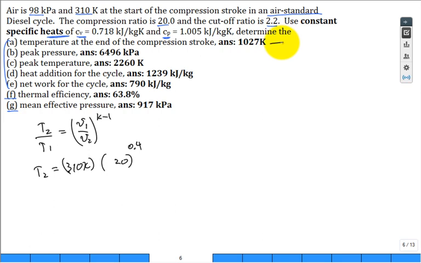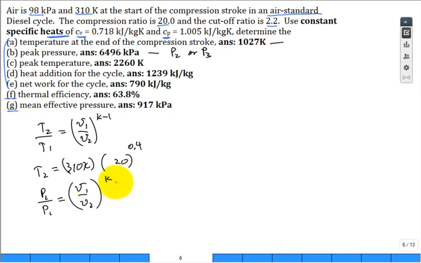How about the peak pressure? Well, where do we get the peak pressure? Are they asking me to calculate P2 or P3? If you look at your pressure volume diagram, is there a difference between P2 and P3? No, it's not. It's constant pressure heat addition. So you can calculate P2. Now, P2 divided by P1 is equal to V1 over V2 to some exponent. That's another one of those equations. What is the exponent on this one?